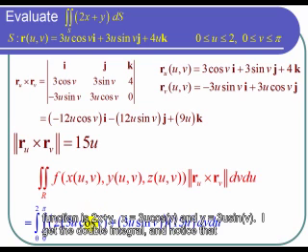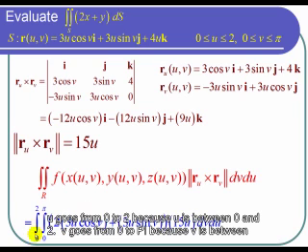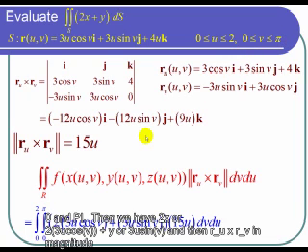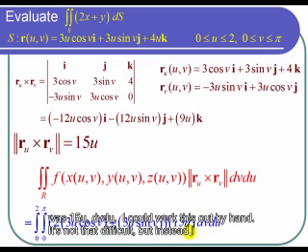So I get the double integral, and notice that u goes from 0 to 2 and v goes from 0 to pi. And then we have our 2x, or 2 times 3u cosine v, plus y, or 3u sine v, and then r_u cross r_v in magnitude was 15u dv du.